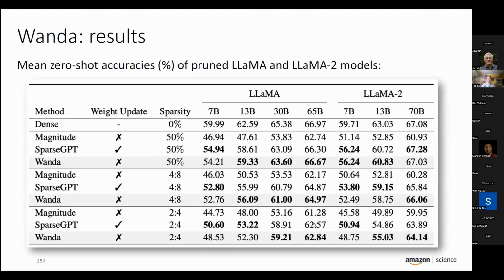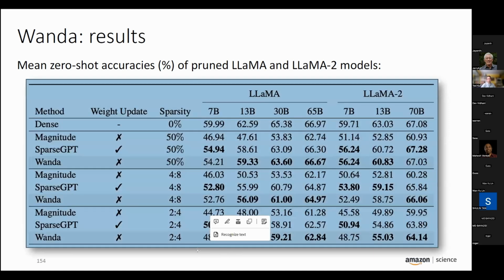With Wanda, ideally you want your performance to be as close to the full dense model as possible. Of course all of these are worse, but the question is, are you close enough for the amount of compute savings, the speed up that you get?